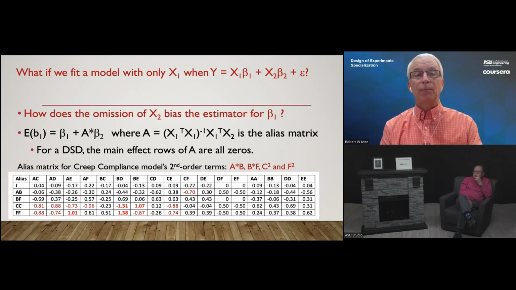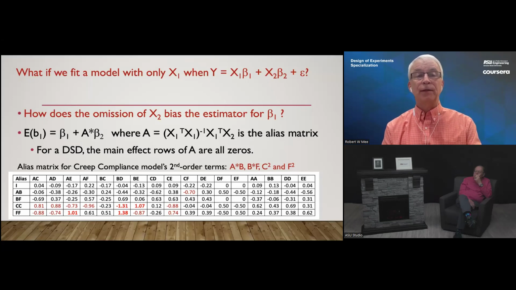And because of the property of orthogonality of linear main effects and all second order terms, the alias matrix has zeros in all the rows corresponding to the main effects. But it has non-zeros for many entries in this matrix A for the rows corresponding to second order effects.